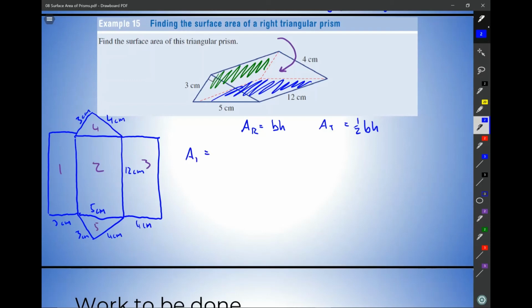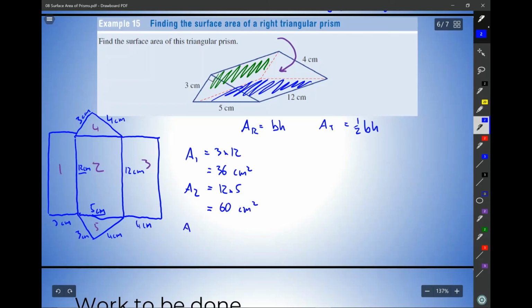Area 1 is 3 times 12, 36. Area 2 is now 12 times 5, which is 60. Area 3 is going to be 12 times 4, 48.